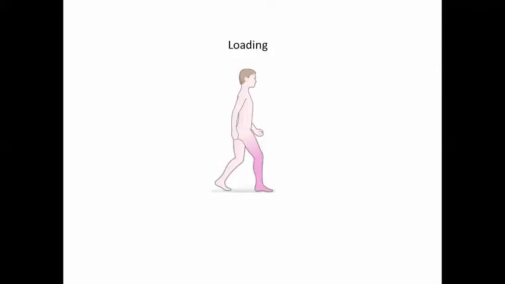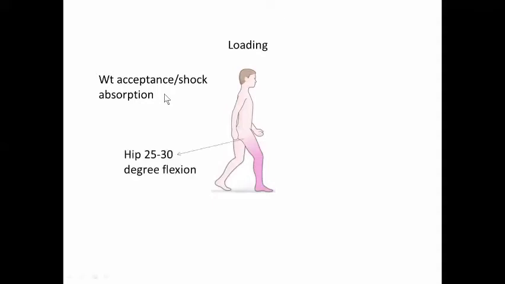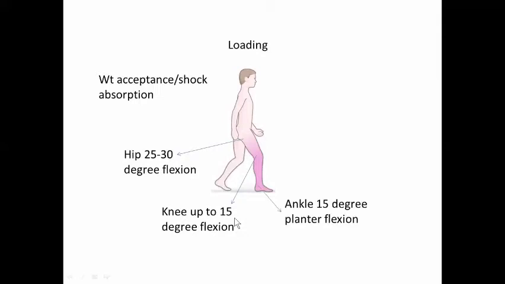Another phase is loading. Loading requires weight acceptance and shock absorption. In this phase, the hip will be in 25 to 30 degree flexion, whereas the knee will be up to 15 degree flexion, along with the ankle in 15-degree plantar flexion.